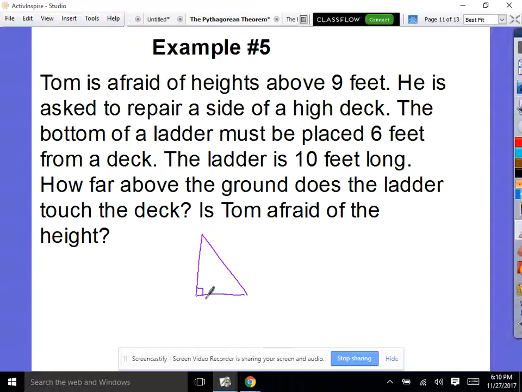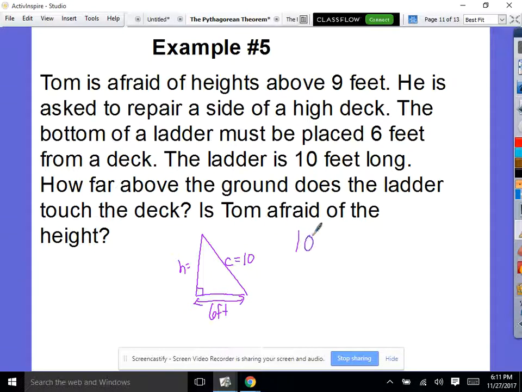The ladder is 10 feet long, so the hypotenuse is 10. And the bottom of the ladder must be placed 6 feet from the deck, so this distance is 6 feet. So I need to find out the height of this ladder.